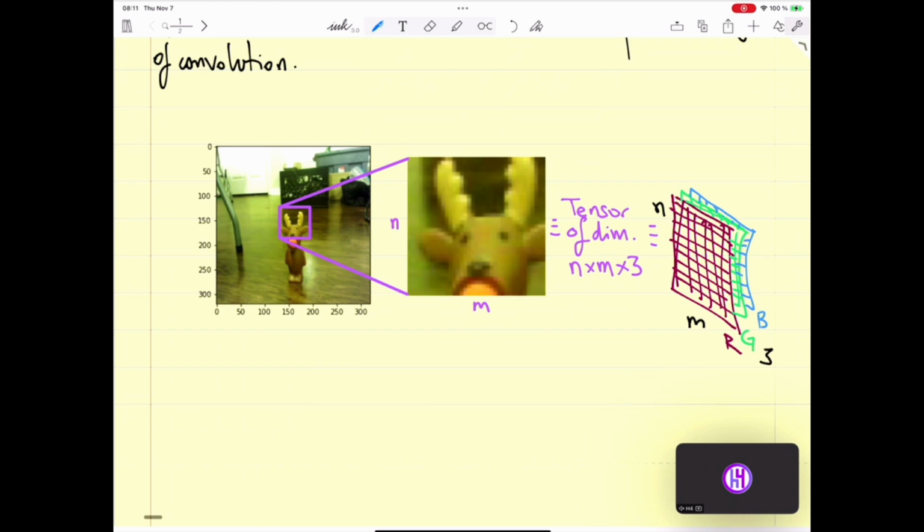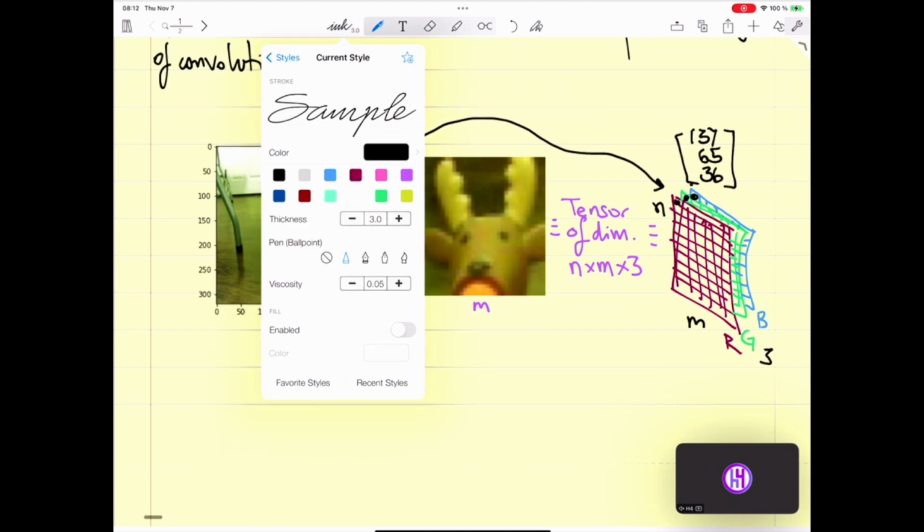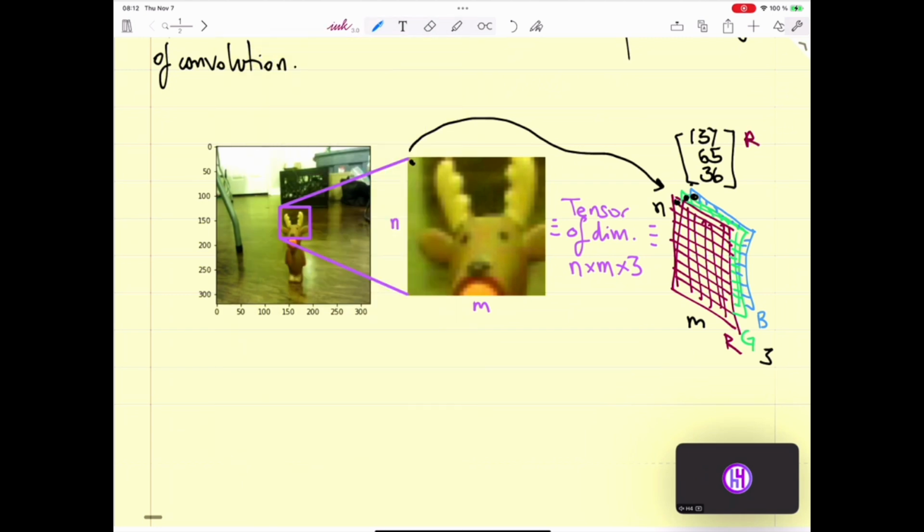Each pixel that we see here is in reality 3 values, a little vector, like 137, 65, and 36. This is R, G, and B.